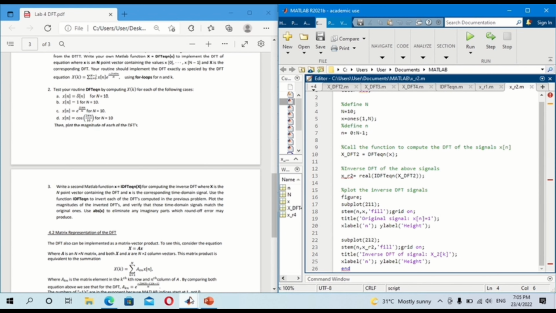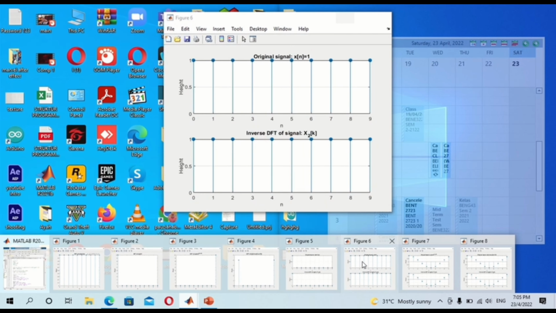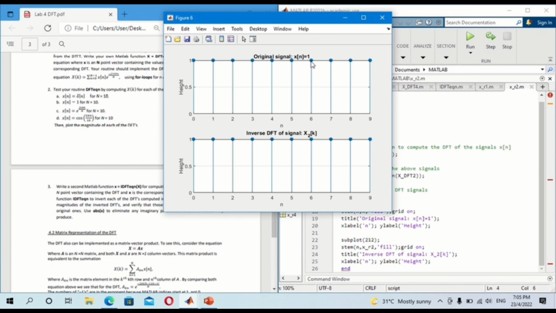After we run this code, we will get this graph.